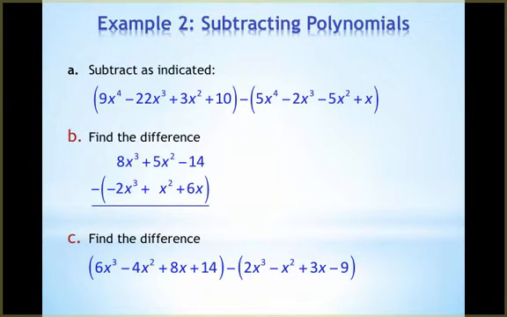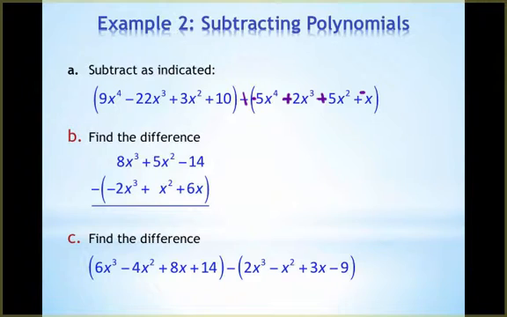The first thing I would do in this problem is change this minus to a plus, and then do the opposite of everything in the parentheses. So that'll be negative 5x to the fourth, positive 2x cubed, positive 5x squared, and then negative x on the end. And now we just combine like terms.